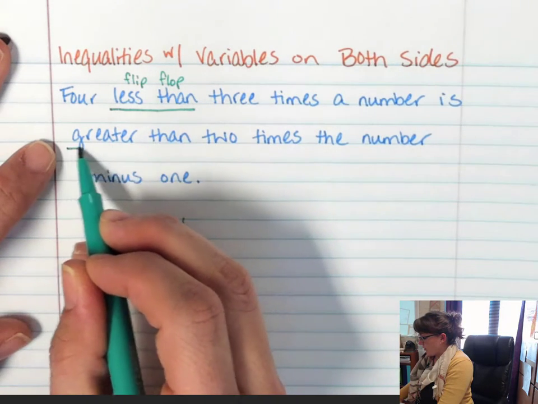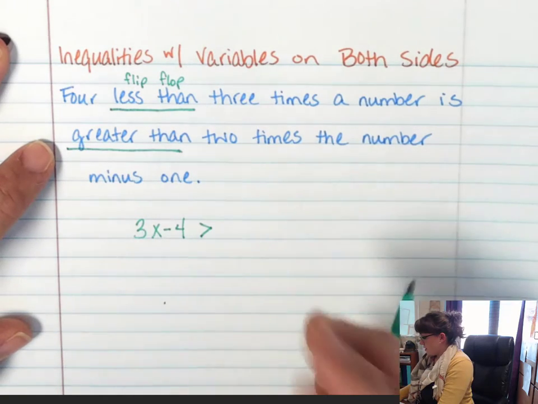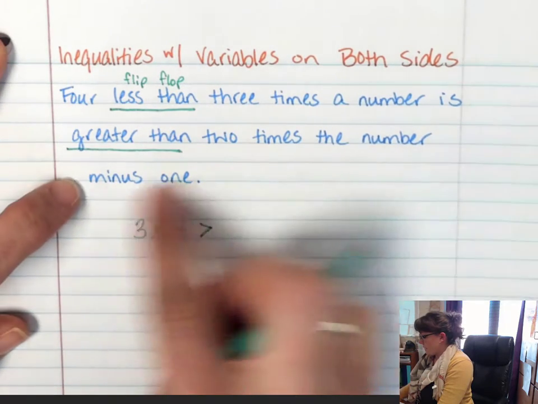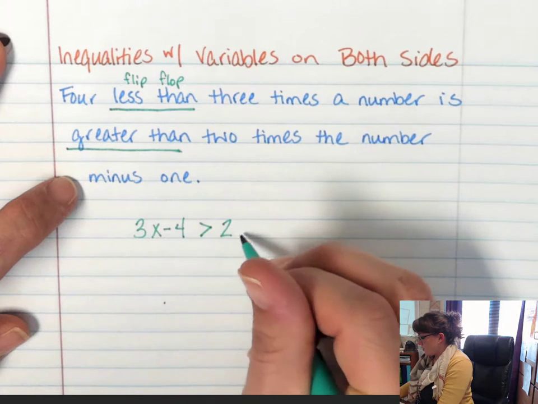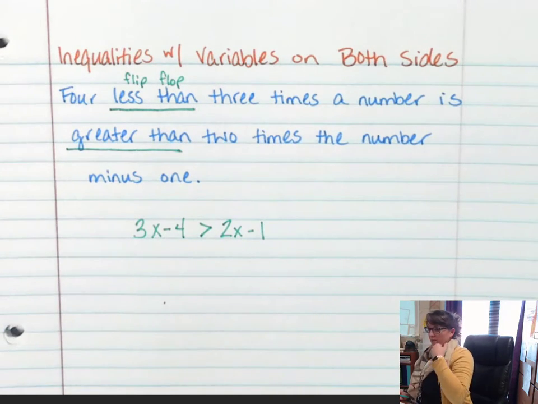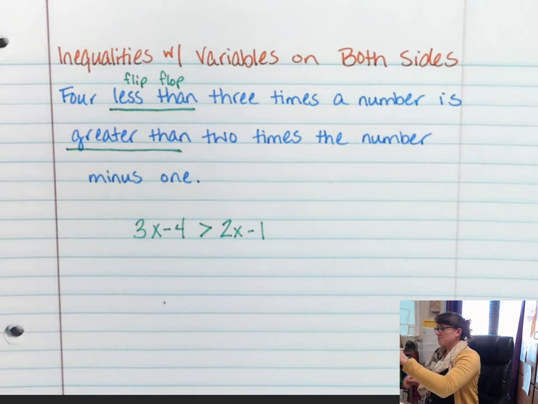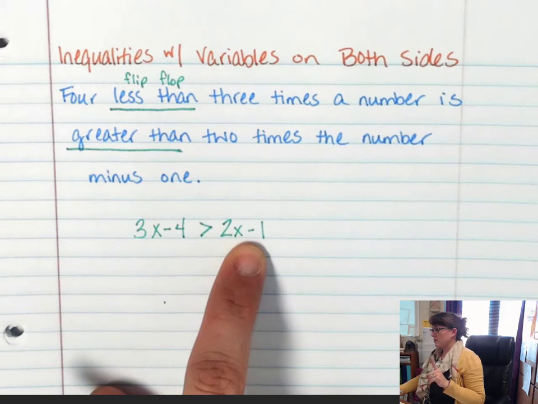Is greater than 2 times the number minus 1. So 2x minus 1. Less than, flip-flop. Greater than, flip-flop. If they have to use 2 words to say it, like minus is just minus.